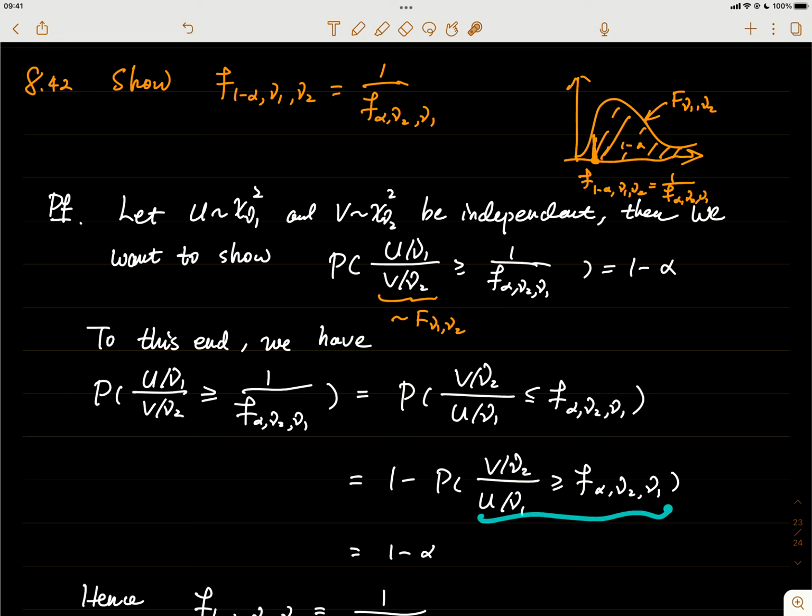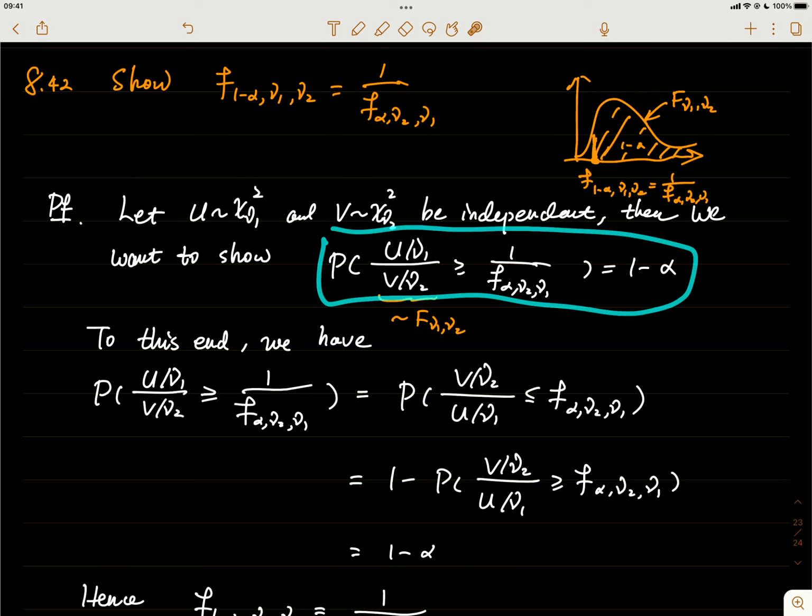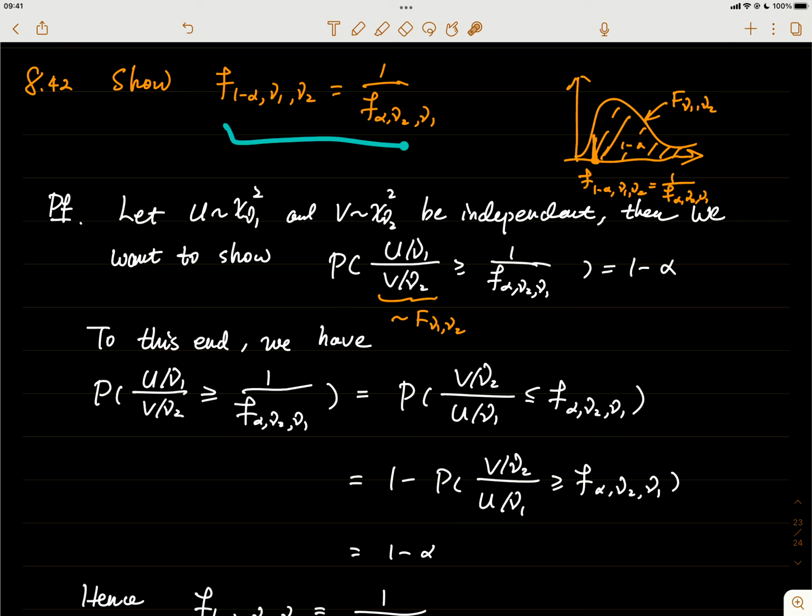So the probability of this being greater than that value is by definition alpha, because this is how we know what this symbol denotes. So this part here is just equal to alpha. That's how I got this. It's just equal to 1 minus alpha, and that is what we wanted to show. And by showing this, these two quantities are the same. Okay, so that's why we have that.